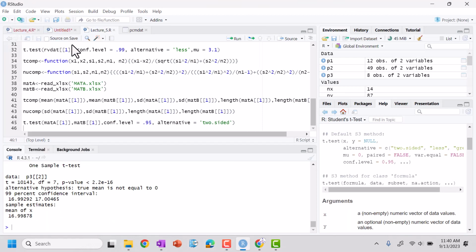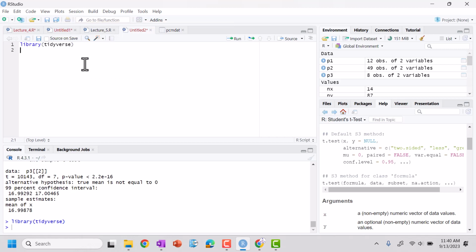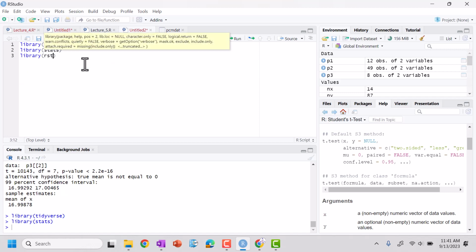I want to bring in my libraries, tidyverse, stats, and ggplot.